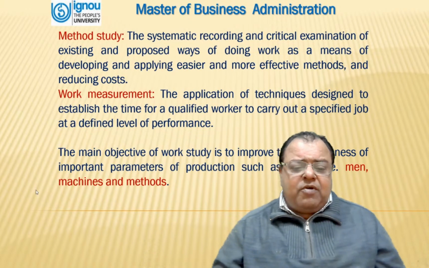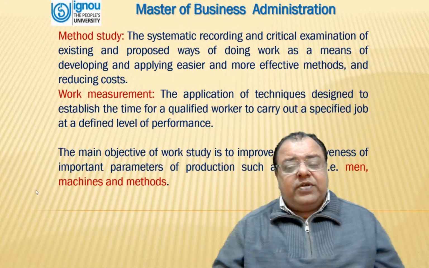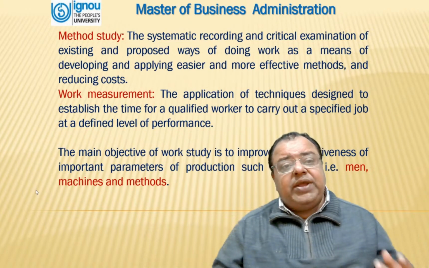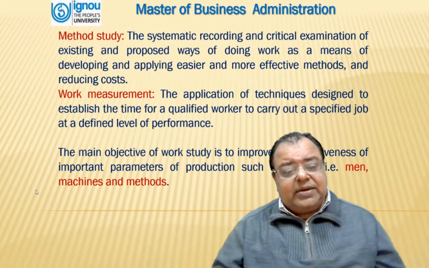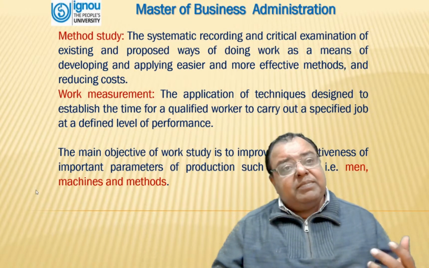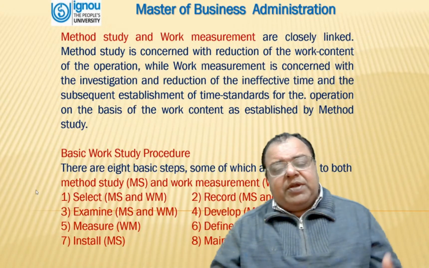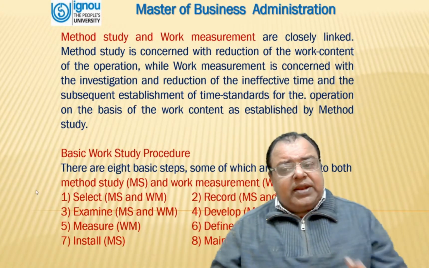The main objective of work study is to improve the effectiveness of three important parameters of production, the three M's, that is, man, machines, and methods. Now, method study and work measurement, they are closely linked.